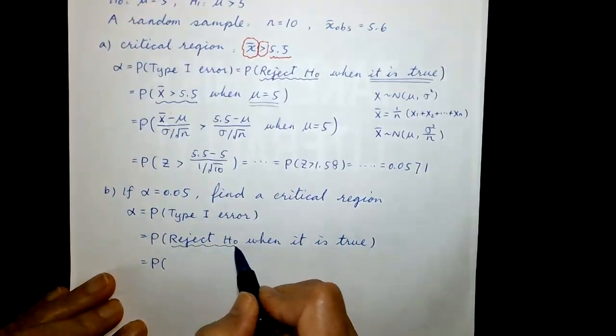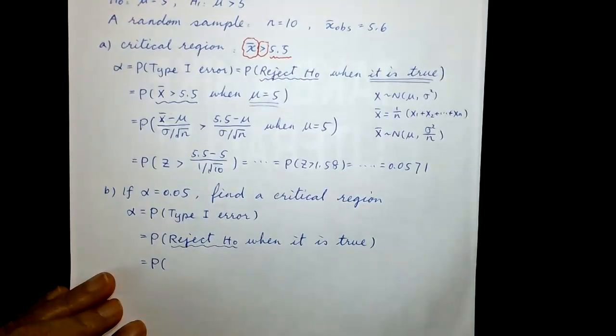Now we come to reject H naught. If your sample is not supporting H naught, then you reject H naught. I always keep this common sense in your head. The hypothesis test is really not a mystery.